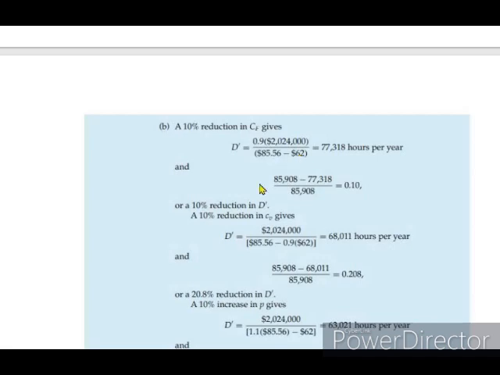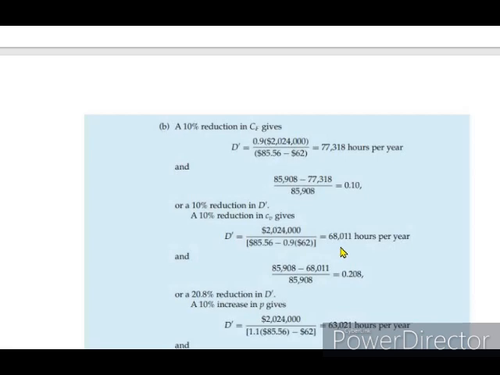Next, we get a 10% reduction, just to validate. Next, a 10% reduction in C sub U gives, so we just multiply C sub U by 0.9.